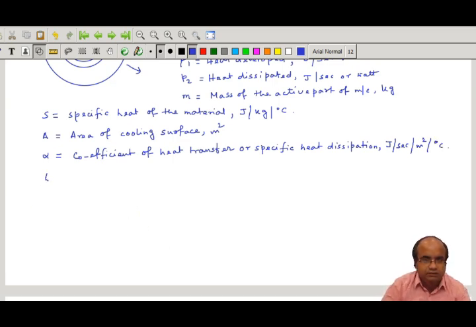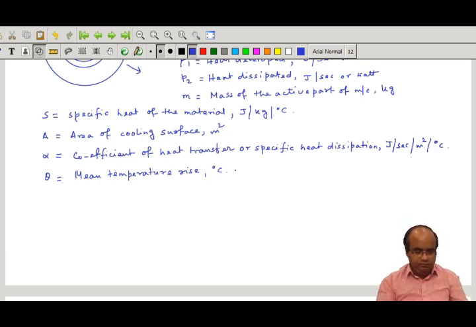Now theta. Theta is the mean temperature rise, in degree centigrade.